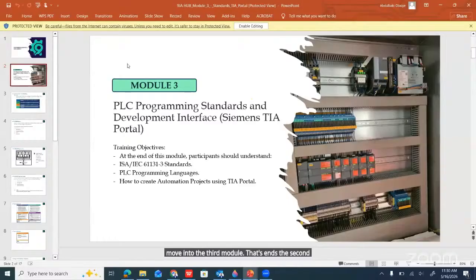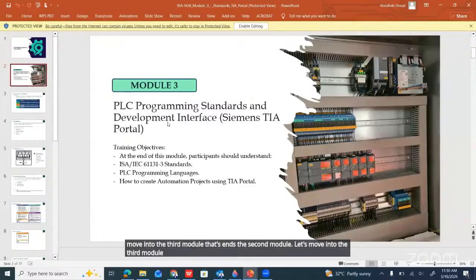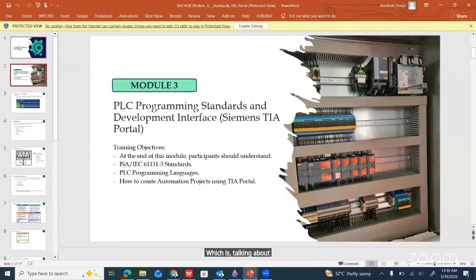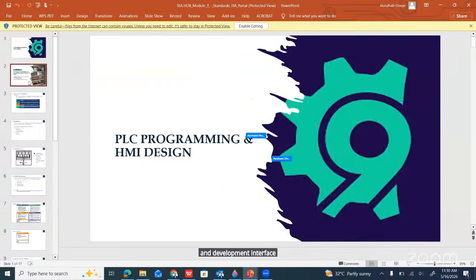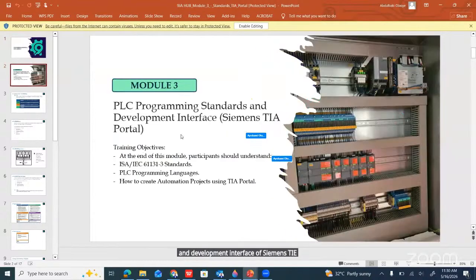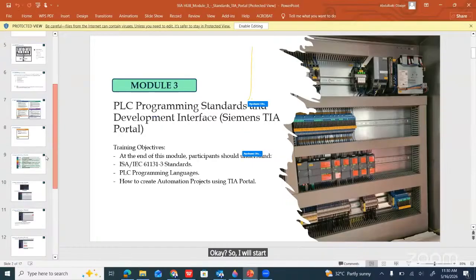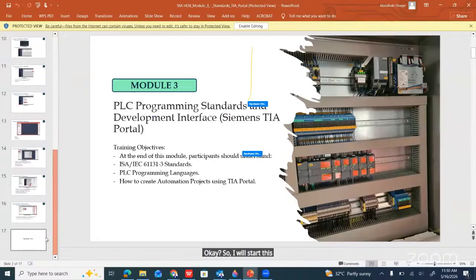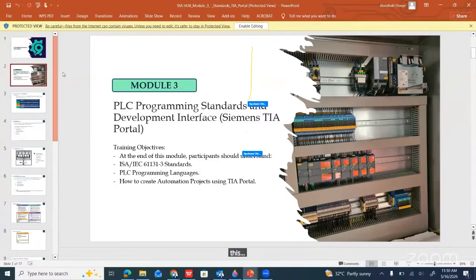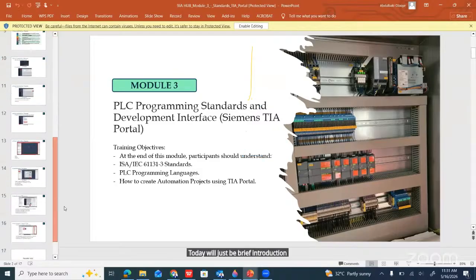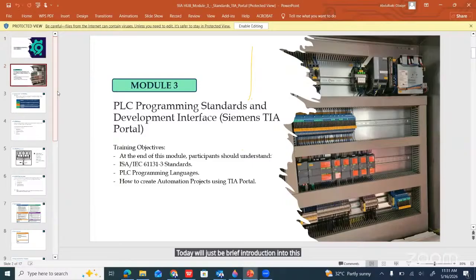The third module talks about the programming PLC standards and development interface of Siemens TIA Portal. Today will just be a brief introduction, while my other colleague Olalekan will take over from Tuesday.